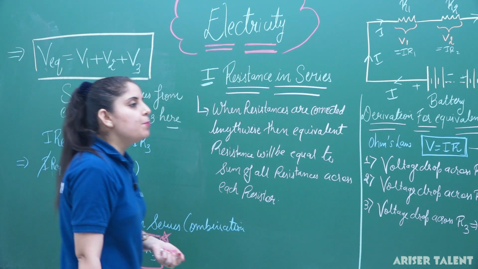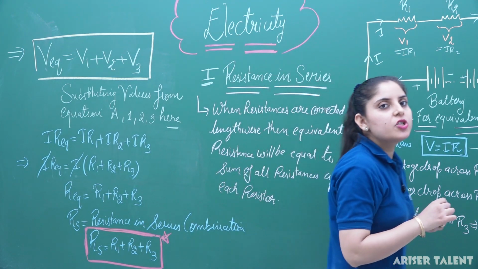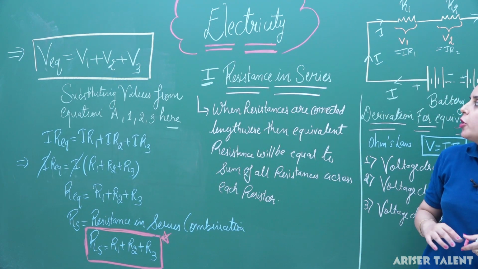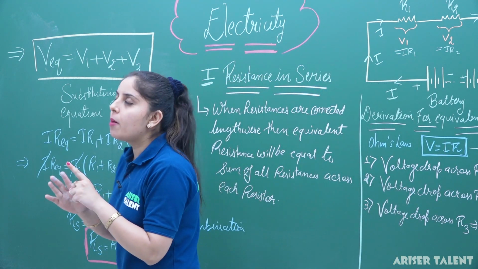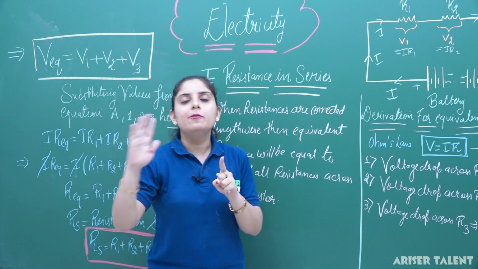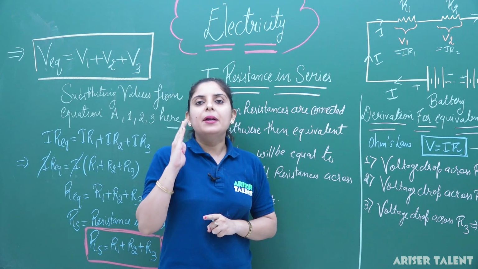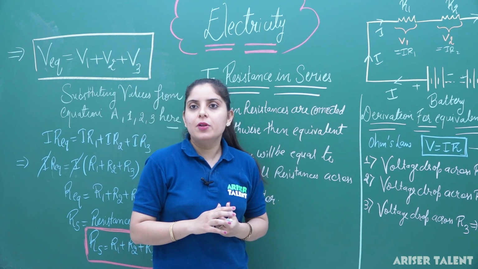This formula is very important for calculation of the combination of resistances in series, but what you have to do, you just have to keep in your mind that in case of the series combination, we have the same current flowing through the entire system, but the voltage drop across each resistance will be different.